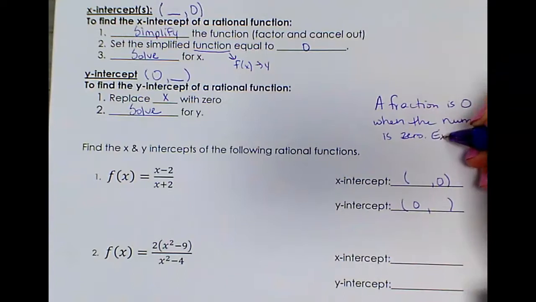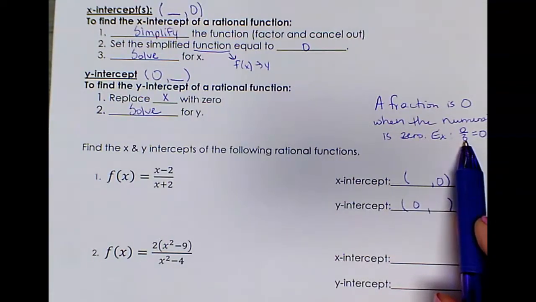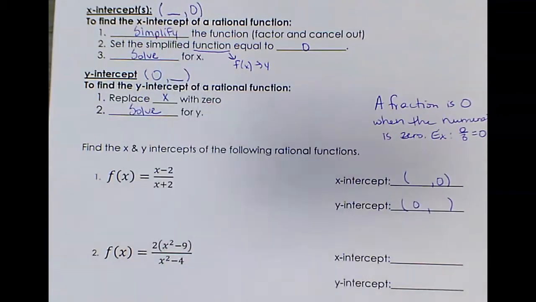For example, 0 over 3 equals 0. So it really doesn't matter what the denominator is, as long as it's not 0 as well, and that won't happen if we've simplified correctly. But we really just want our numerator to equal 0.